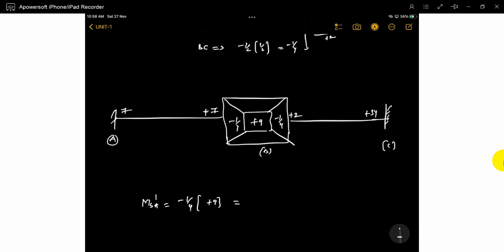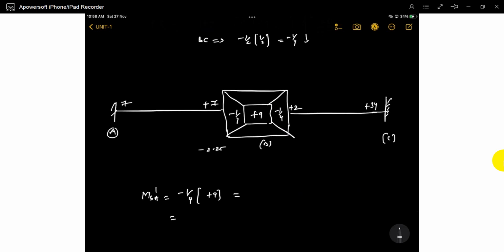So what is that value? 9 by 4, it's 2.25. Same here also, it's also 2.25. MBC also 2.25.